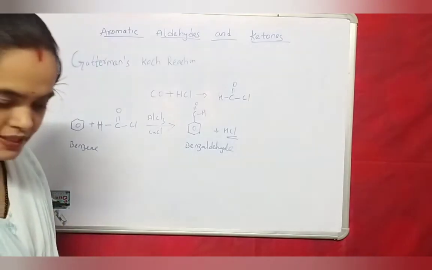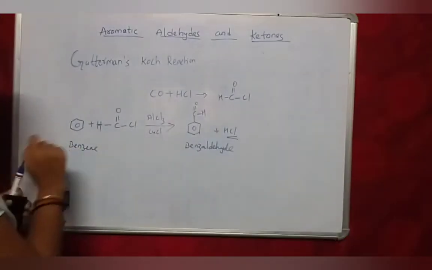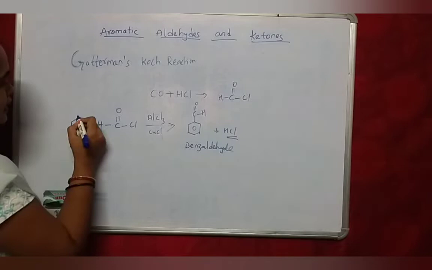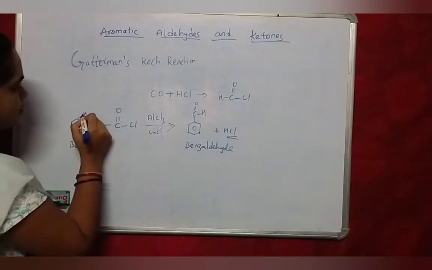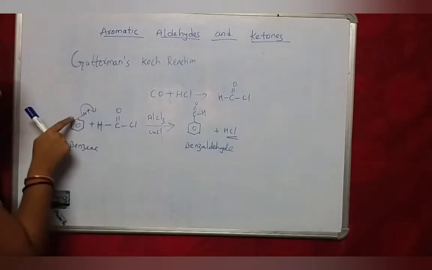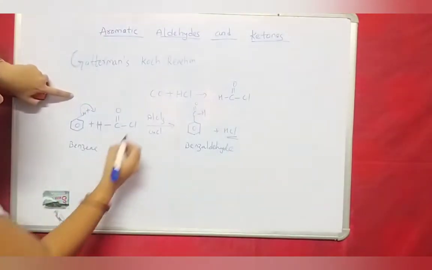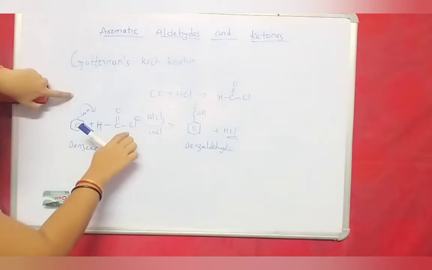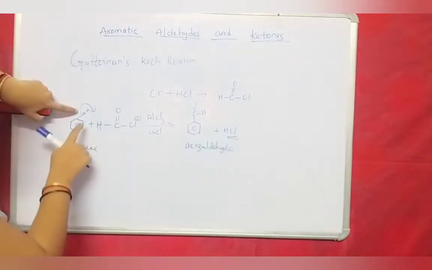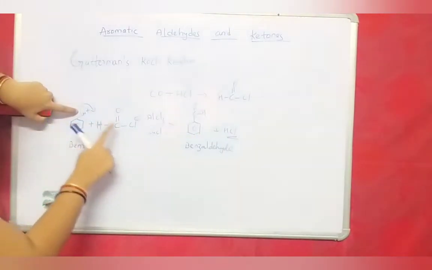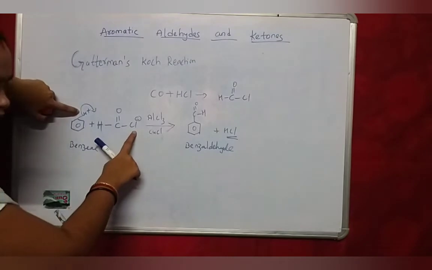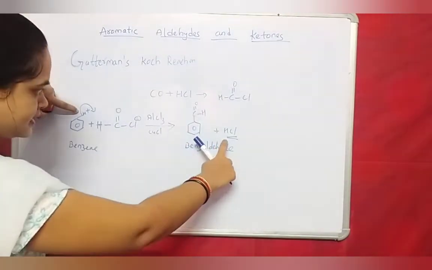What happens here? See, this is benzene. In benzene, one hydrogen is removed as H plus. This hydrogen along with Cl minus is removed as HCl.